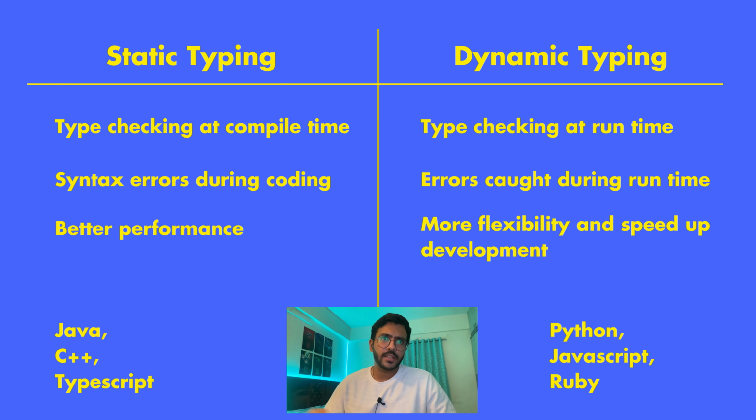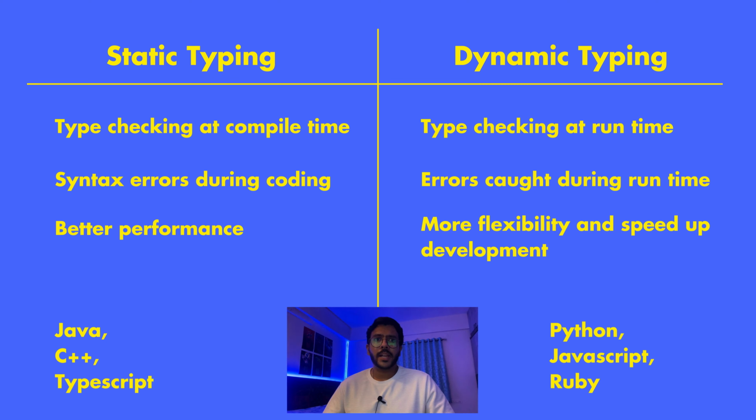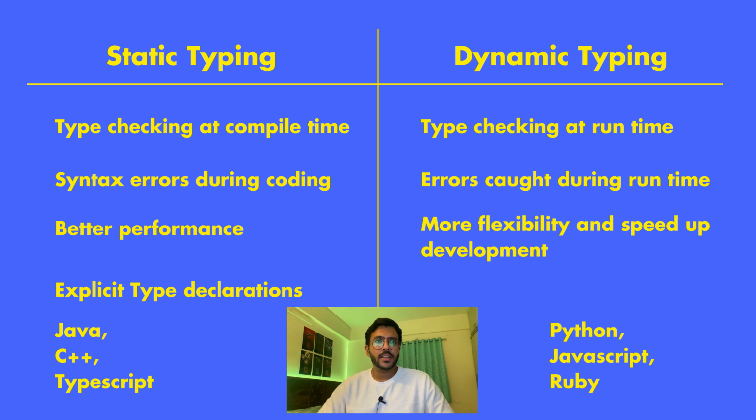Here's a quick comparison. In static typing, type checking is done at compile time, whereas in dynamic typing, type checking is done at runtime. Explicit type declarations are needed in static typing, and we don't need them in dynamic typing.